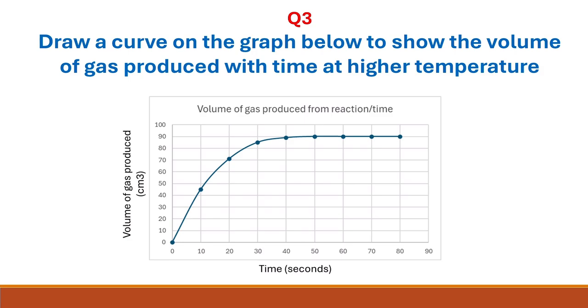So in this case, we will draw a steeper line that will reach the maximum volume of the gas at a shorter time. So it's a steeper line, but reaches the maximum of 90 centimeter cubed, at a faster rate.